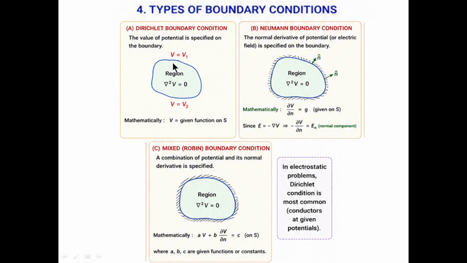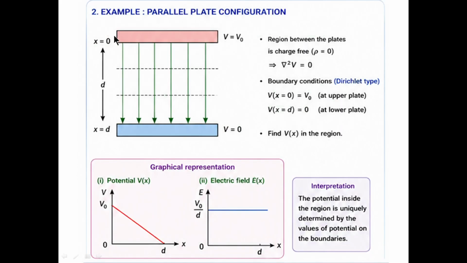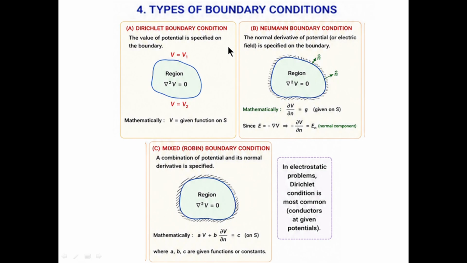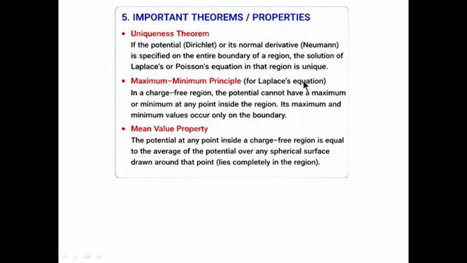Like we have this parallel plate configuration, there is no charge inside these parallel plates. We have only a maximum value and a minimum value corresponding to the boundaries. So the maximum and minimum principle is applicable for the Laplace equation only.